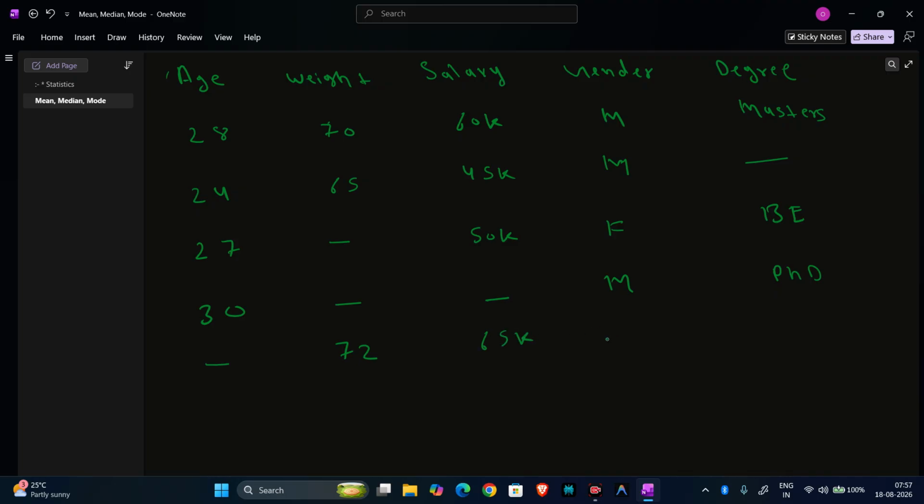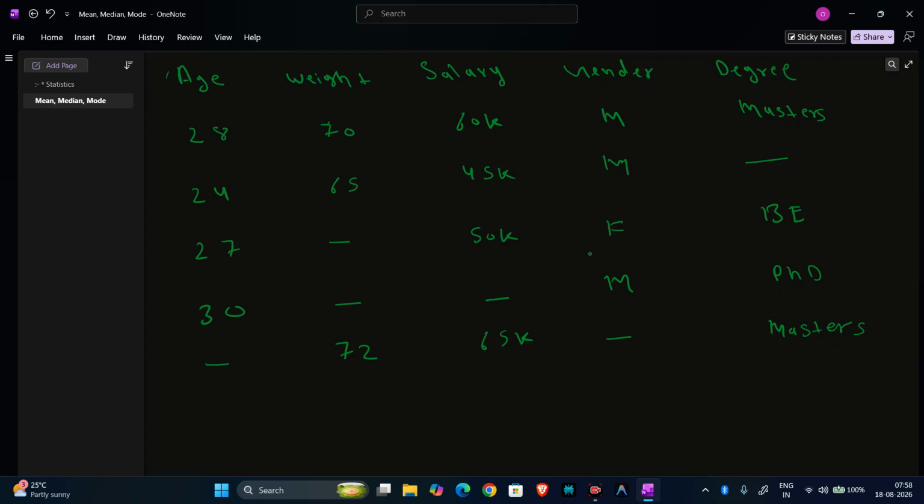Gender we don't have here, and here we have masters. So you can see we have this sample data, and a number of values are missing: age, weight, salary, gender, and degree.